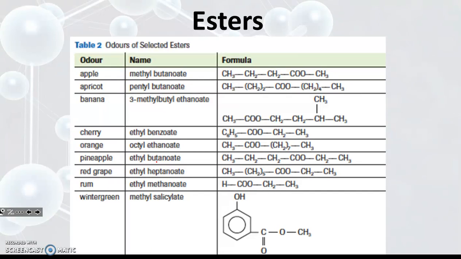These esters are compounds that are responsible for different types of odors, whether they are artificially or naturally occurring. They're responsible for the odors in apples, apricots, bananas, cherries, oranges, and pineapples, which is an interesting real-world application of these esters.